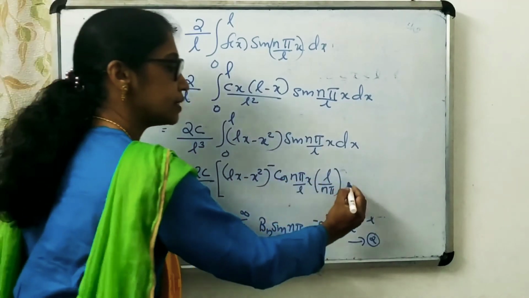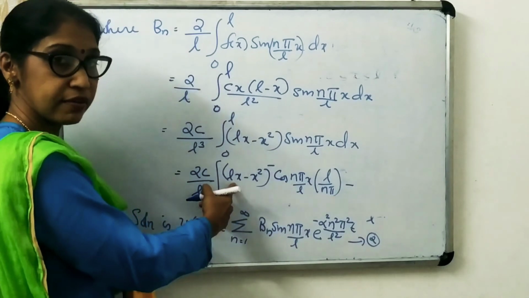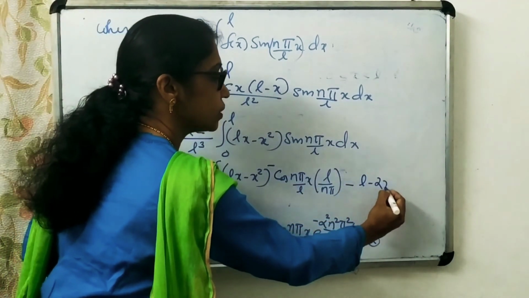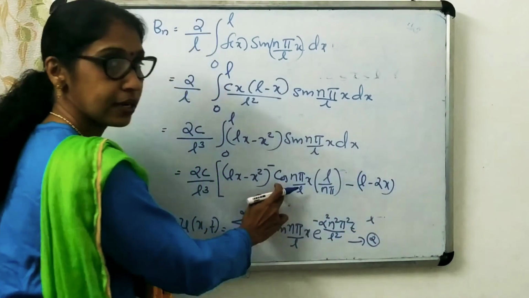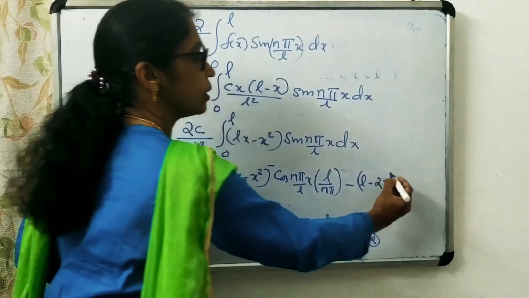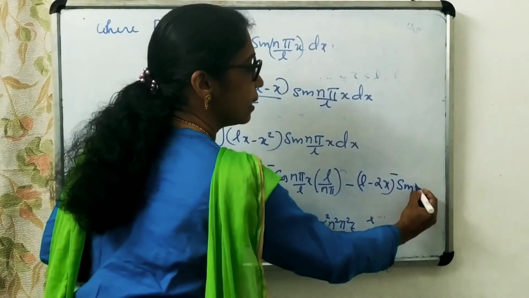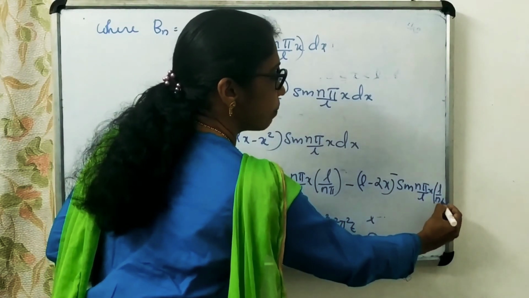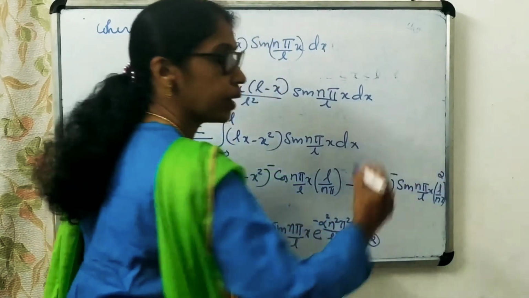Now the sign is minus and the derivative of this is L minus 2x. So L minus 2x into integral of cos, which is sine, and the minus sign is also here. So minus sin(n pi by L x) into (L by n pi) the whole square.